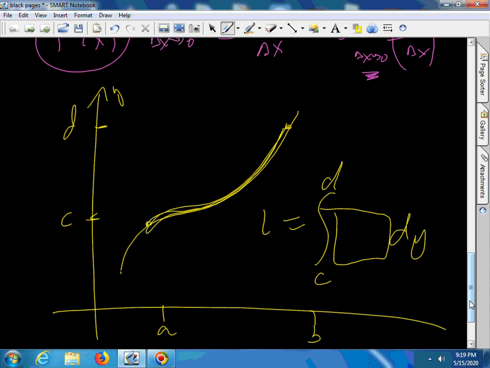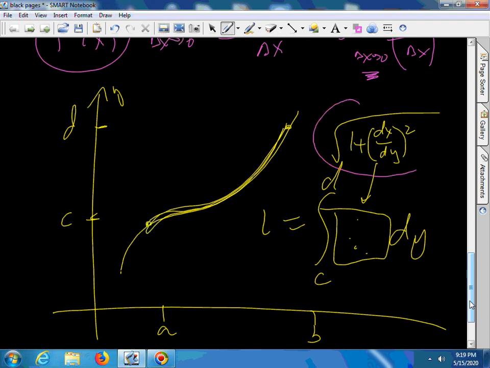Basically, it's going to be the square root of 1 plus dx over dy, quantity squared, because we're just switching x's and y's. That's the only difference. What goes in that box is what I just wrote in purple, and you integrate from C to D. Try to prove it on your own.